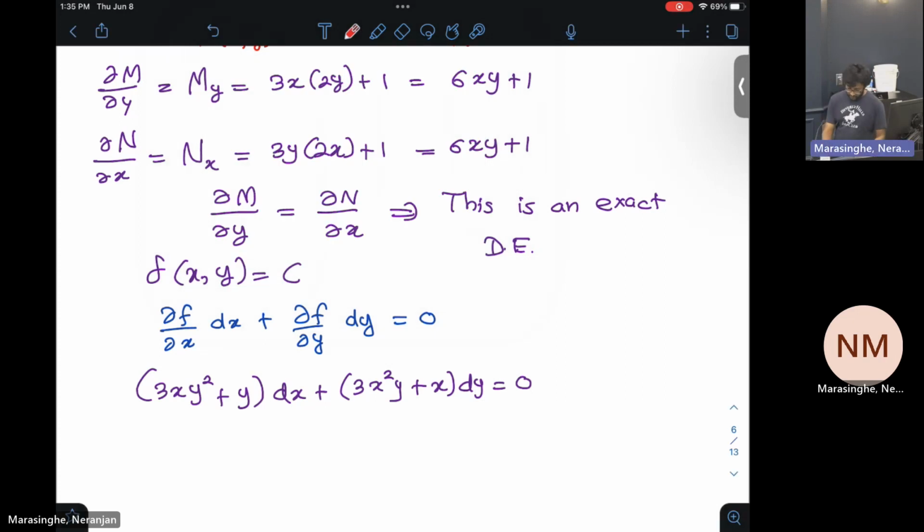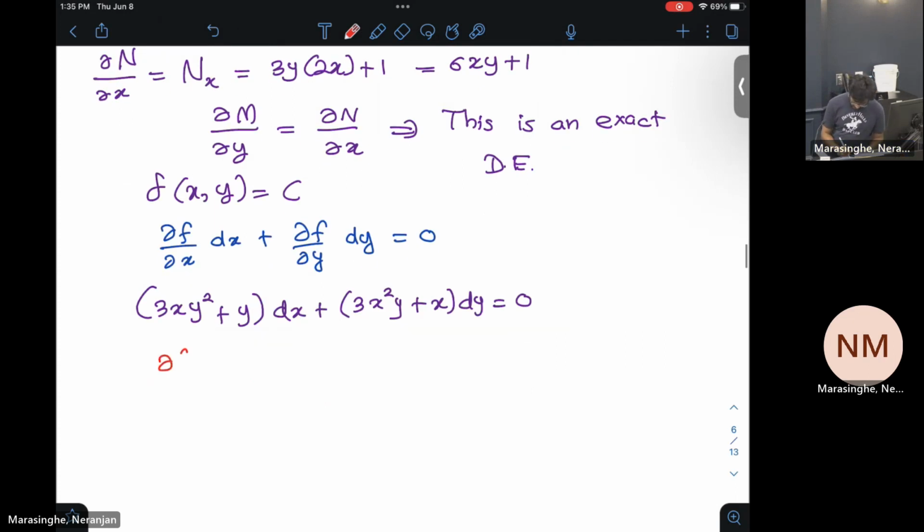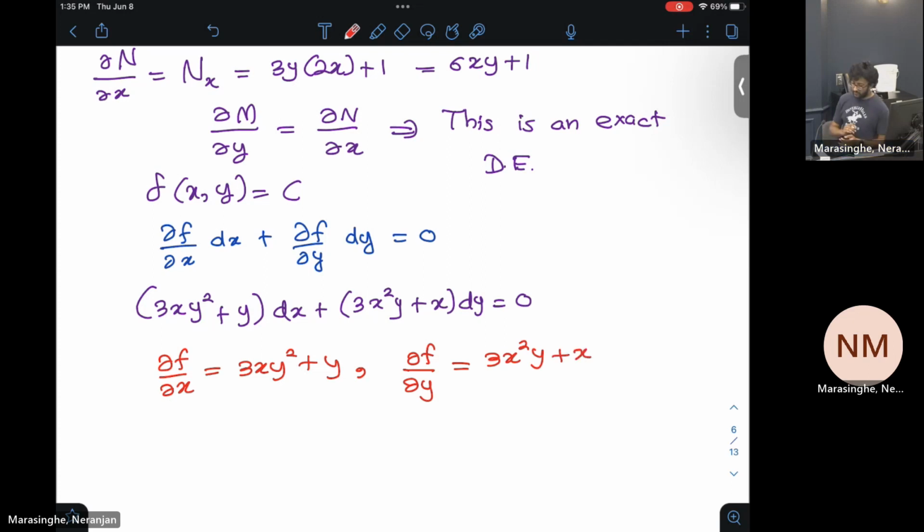Compare these two, then you would see the partial derivative of f with respect to x is equal to 3xy square plus y, and the partial derivative of f with respect to y is 3x square y plus x. Let's try to solve this. Start from any of the partial derivatives that you like and integrate that.